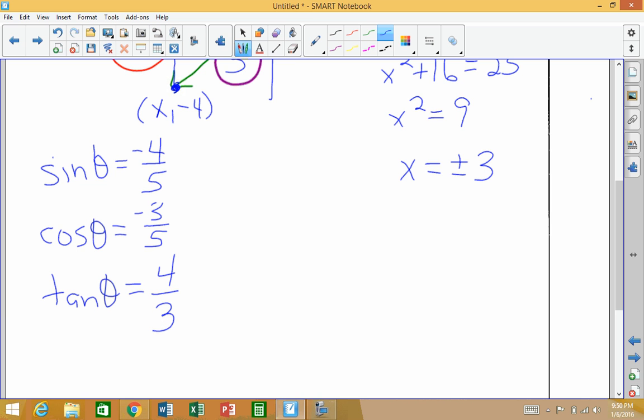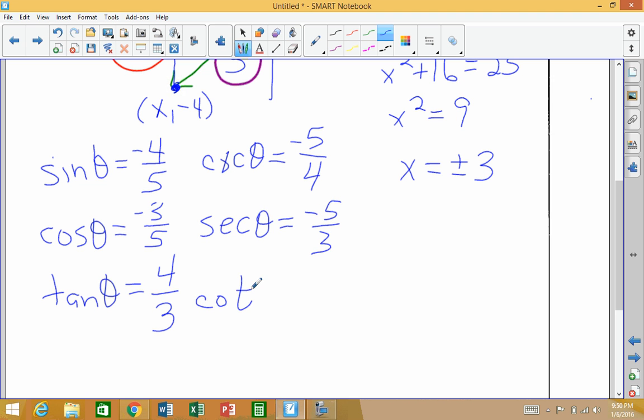Reciprocal functions, the cosecant of theta is going to be negative 5/4. The secant of theta, negative 5/3, and the cotangent of theta, 3/4.